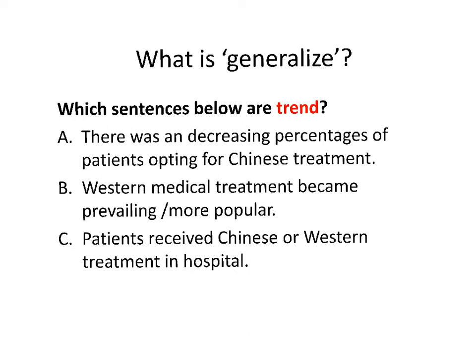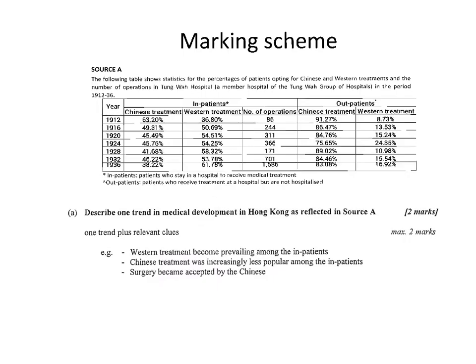And C, patients received Chinese or Western treatment. So which one is not a trend? Which one does not show the change? Can you see it? Yes, the choice is C. C is not a trend, but A and B show the trend.